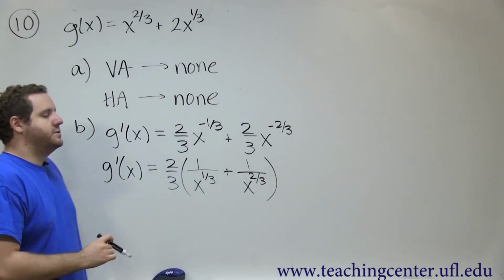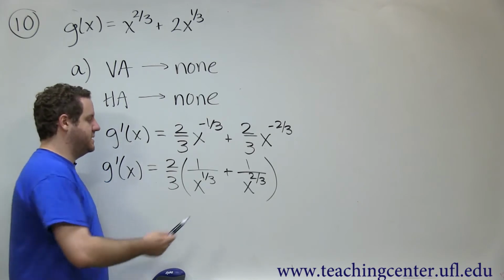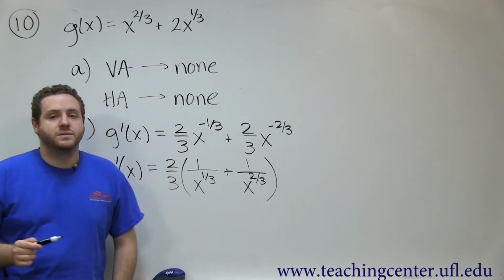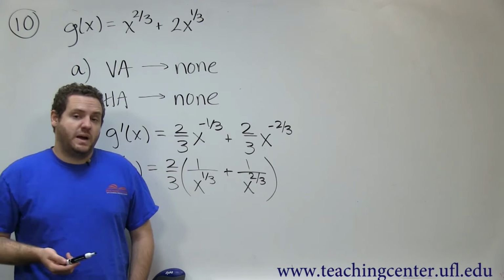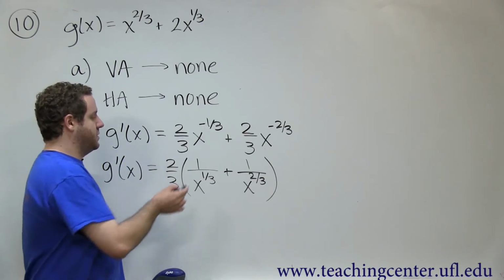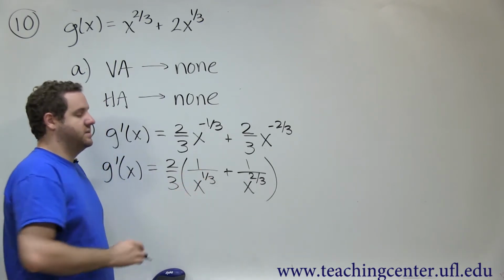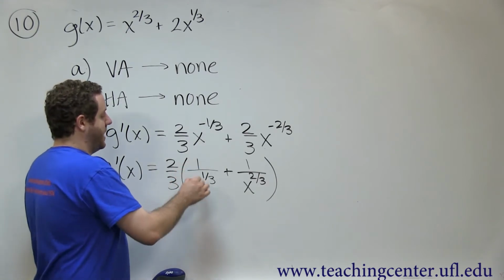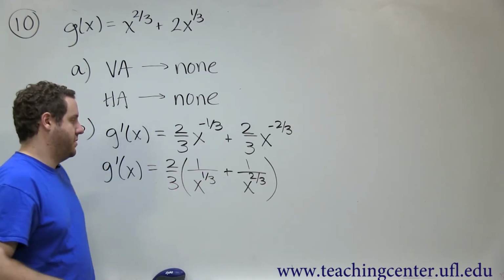So in order to combine those, we need to get a common denominator. But since these are just x's with different powers, the common denominator is just the biggest power, which is x to the 2/3. So in order to get this denominator to be x to the 2/3, we need to multiply this fraction by x to the 1/3 over x to the 1/3.